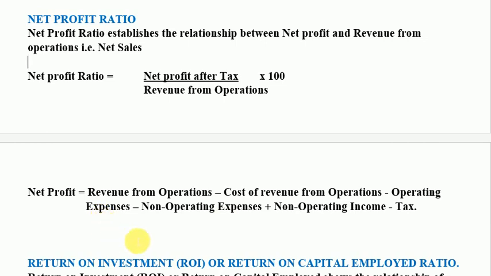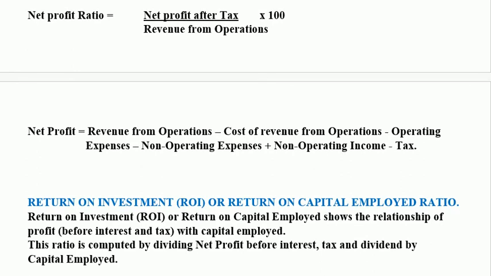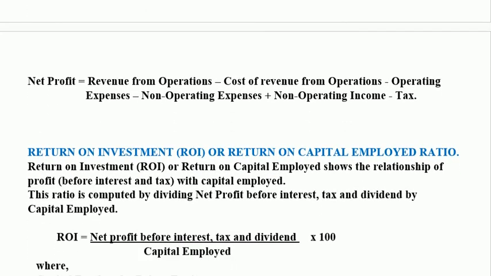Then you also subtract non-operating expenses, and if there is any non-operating income, you need to add it to it and subtract tax, because we have to take the profit after tax. So this is the formula for net profit after tax. I hope this is clear. This ratio will also be expressed in percentage when you finally get the answer.